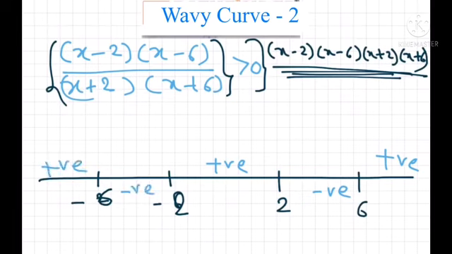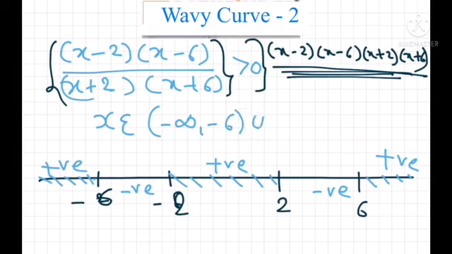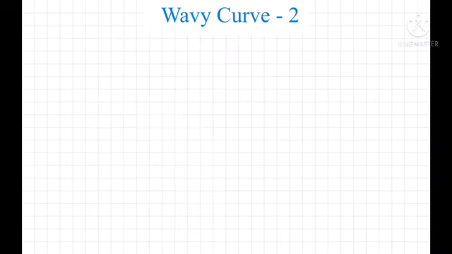So more than 0 is in this range, in this range, and in this range. So the answer is x belongs to (-infinity, -6) union (-2, 2) union (6, infinity).